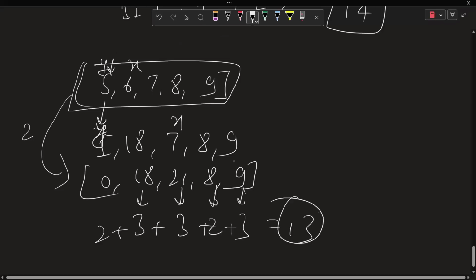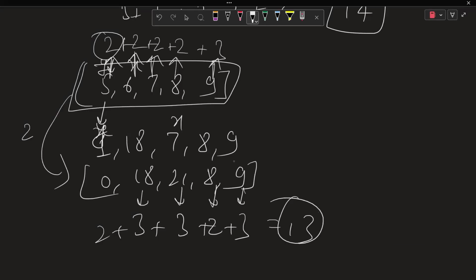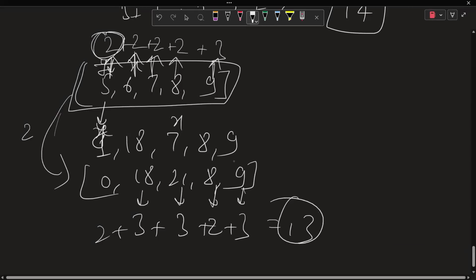Then if 5 is taking 2 steps, 6 is taking 2 steps, 7 is taking 2 steps, 8 is taking 2 steps, 9 is taking 3 steps. If you are making this 5 fall to 0 first, you can just double that, because when you are applying 2 steps here, you are increasing any two of them.